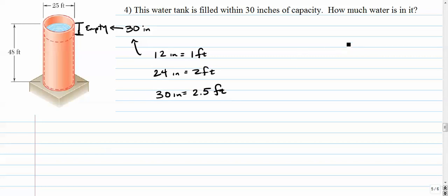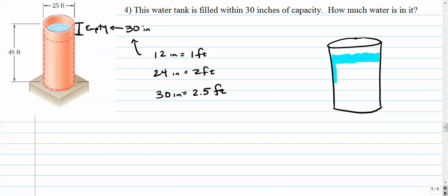So what I'm going to do is take this over here and draw another little picture for myself, because I don't want to go up all the way to 48 feet, but I only want to go up to where the water is. The water is right in here. And that doesn't go up to 48 feet because it's not full.